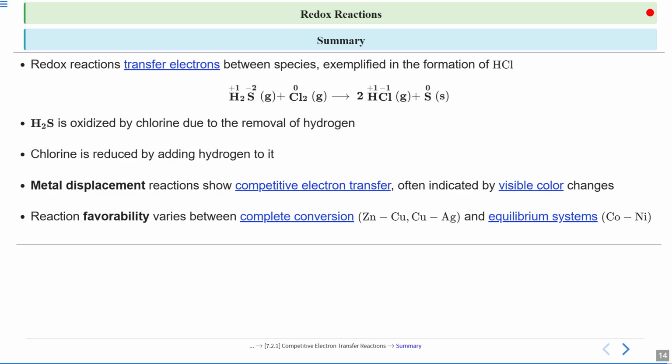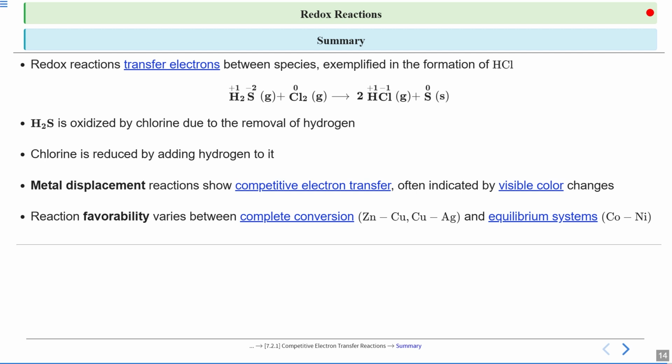In that also we have studied that the equilibrium for the reaction between zinc and copper, and copper and silver, favored their formation, while in the reaction between cobalt and nickel it was generally not favored.